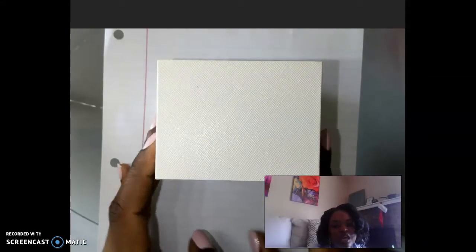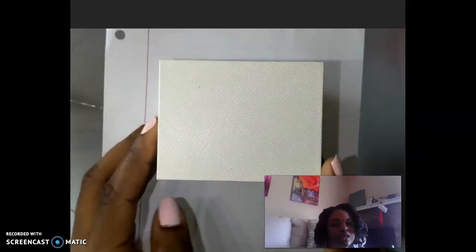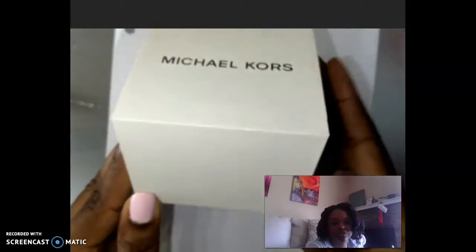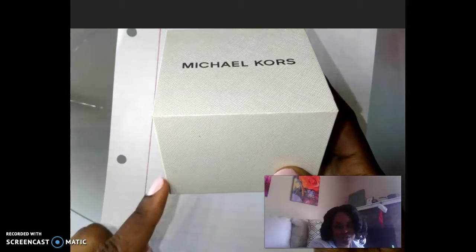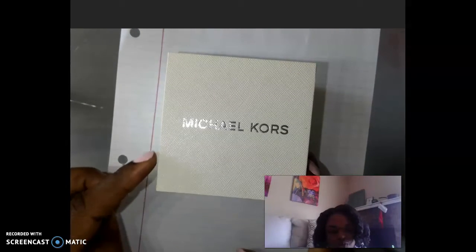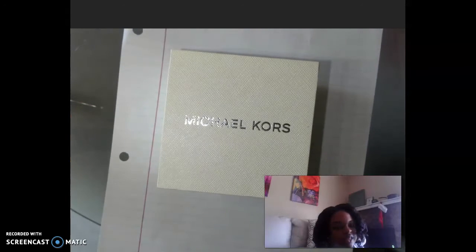Let's say if we're looking at it this way, the side that goes across here is going to be our length, and the side that goes up here is going to be our height. So if we're sitting it down like this, it's going to be this high, however long this is. This is our length. And if we're facing it down here where the logo is, we'll have this edge here. We'll call that our width.